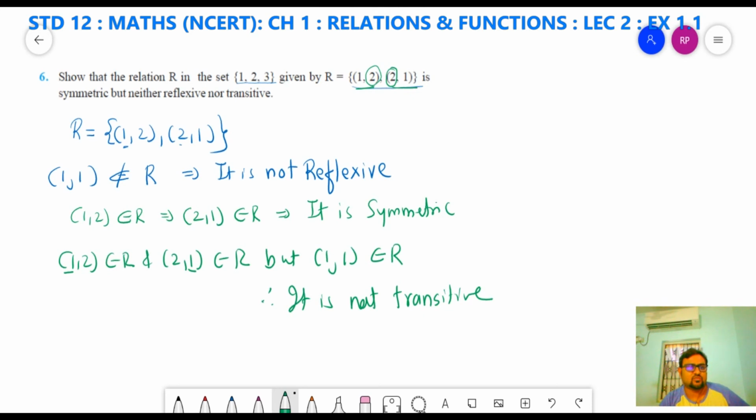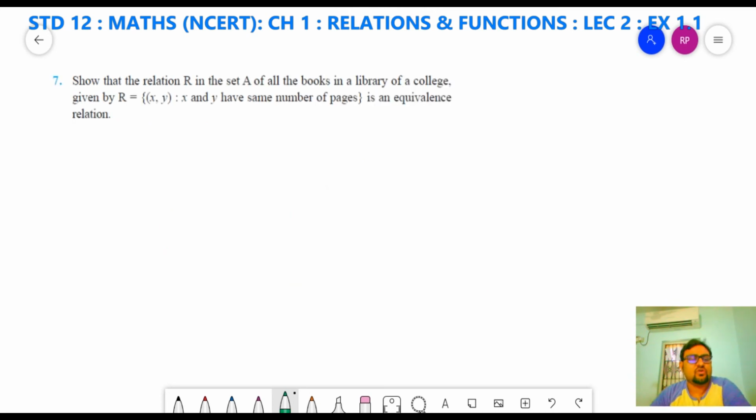Okay, so now let's move to the next, that is question number 7. Show that the relation R in the set A of all the books in a library of a college, given by R = {(x, y) : x and y have the same number of pages}, is an equivalence relation.